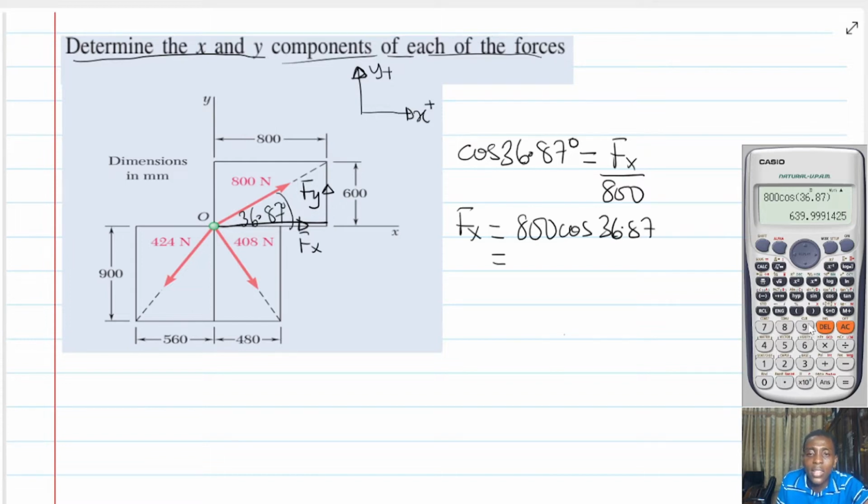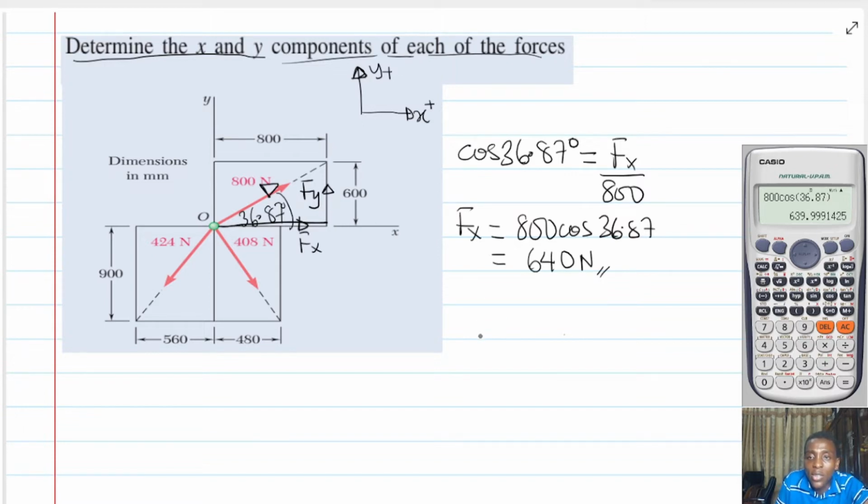Oh man, so that is actually 640, and that is 640 newtons. It must be noted that the 800 force is along this direction. Therefore, the x component will be along this direction, and then the y component will also be along this direction.